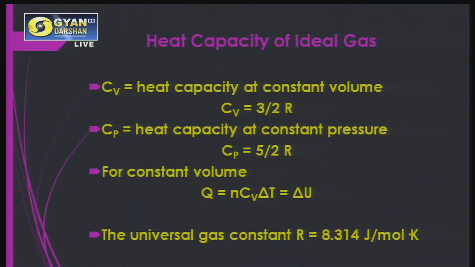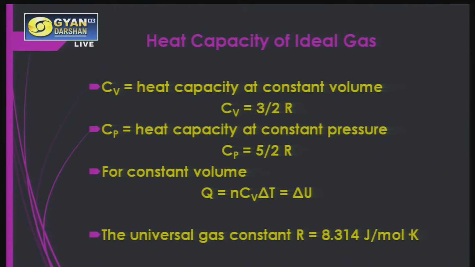Whether work is done on the system, heat is transferred to the system, or heat is transferred by the system will depend upon the condition that is provided to you. Generally, for heat capacity, Cv is 3 by 2 R, where R is the universal gas constant, whose value is 8.314 joule per mole Kelvin.